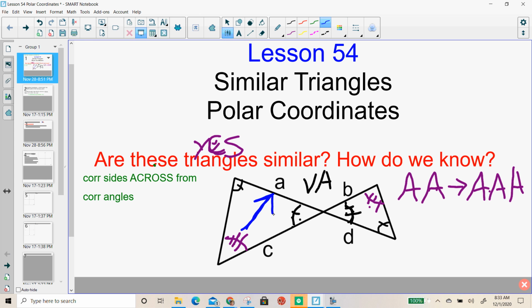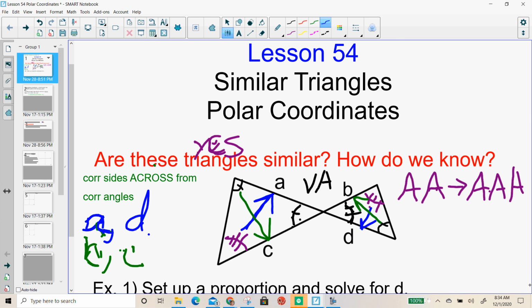If I go across from the 3 hash marks, A and D are corresponding sides. If I go across from the 1 hash mark, B and C are also corresponding sides. That one looks a little more like an A. And they aren't labeled, but the 2 unlabeled sides would also be corresponding sides.